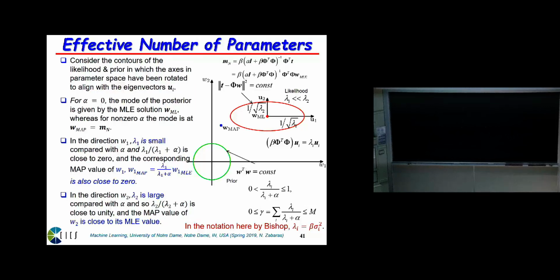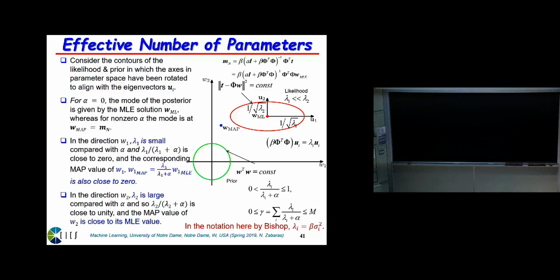So what does the prior do? What will it do for us? Considering that in this direction the data tells me, I cannot tell you what W is because the uncertainty is too high, the prior will do what?